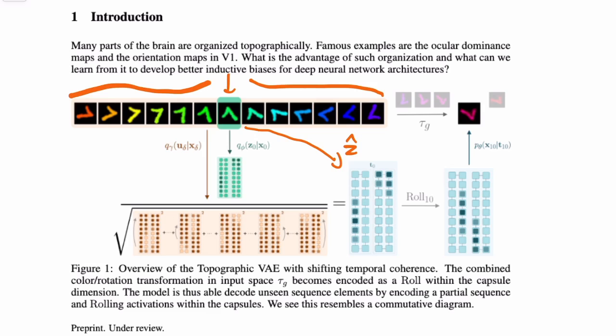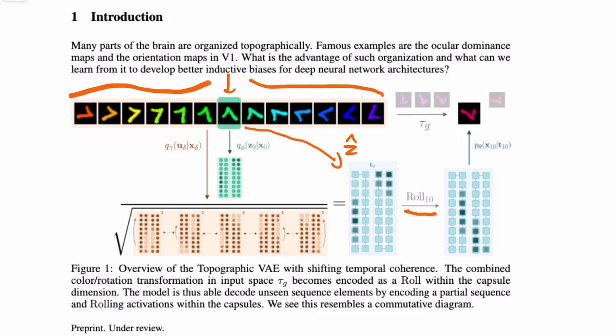However, we want something else as well. We also want that if I transform my latent space in a certain way, and this way is going to be this roll operation in this paper, I want this to correspond to moving forward in this sequence.